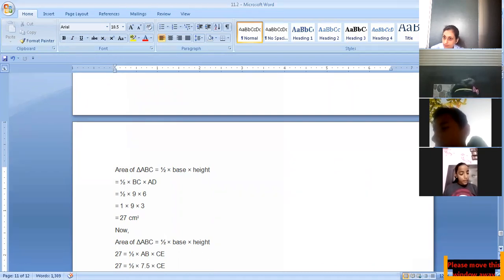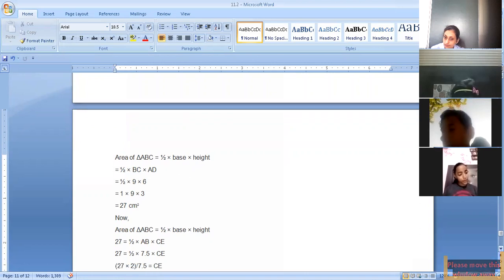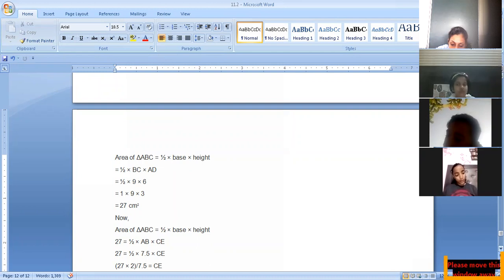Bracket 27 multiply 2 bracket close. 7.5 is equal to CE. CE is equal to 54 by 7.5.